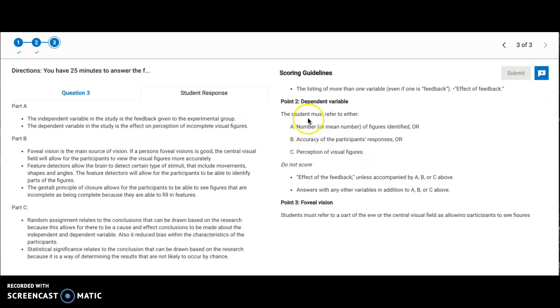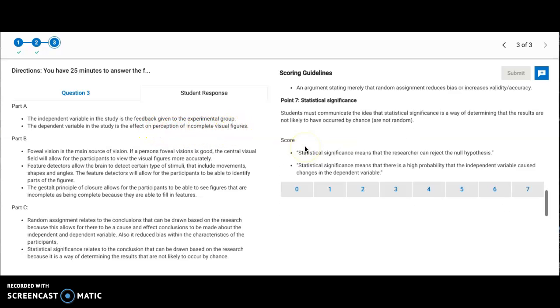According to AP's rubric, for the dependent variable, you have to refer to the mean number of figures identified, the accuracy of the participants' responses, or perception of visual figures. So I think her response is getting at B and C, the effect on perception of incomplete visual figures. Yeah, so this looks good.